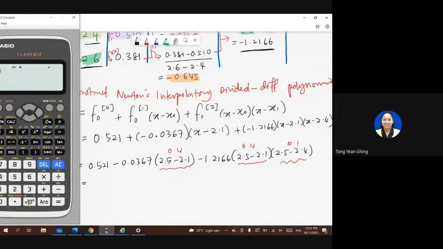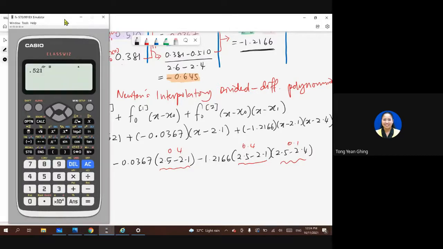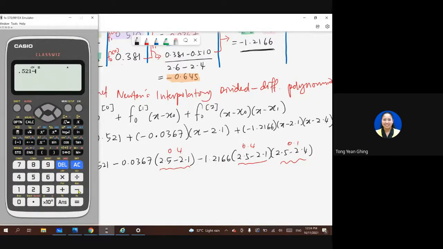So calculator, tekan calculator, 0.521 minus 0.0367 times with 0.4 minus 1.2166 times with 0.4 times with 0.1.